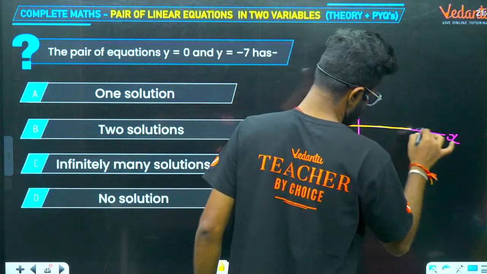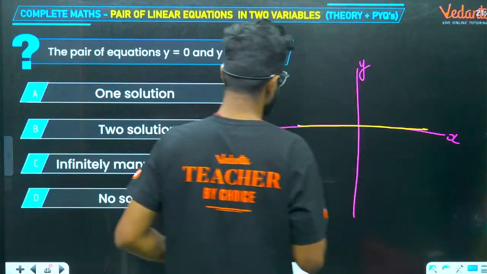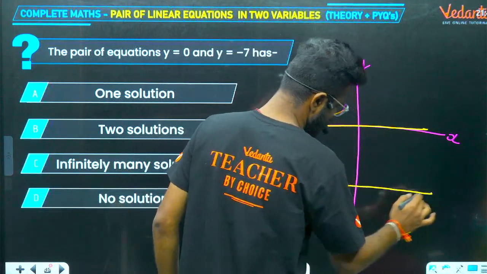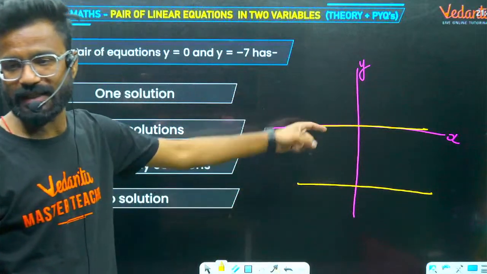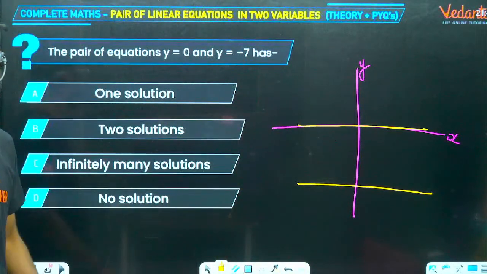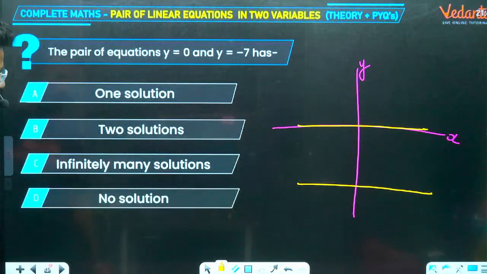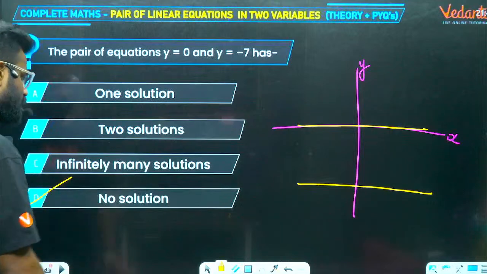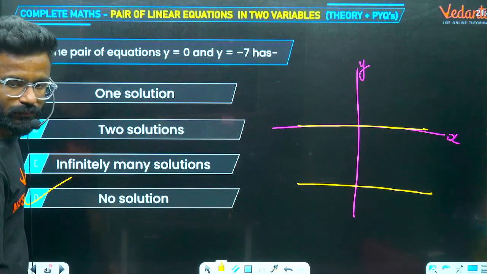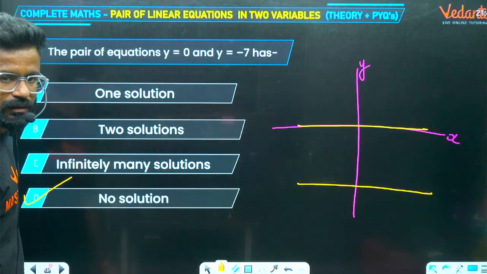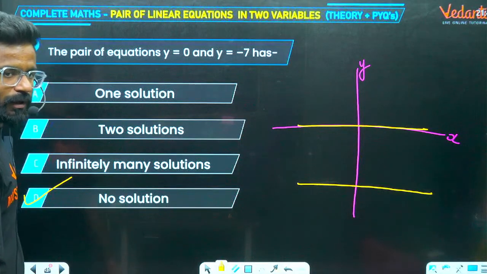Y is equal to minus 7. These two lines are parallel, intersecting or coincident? These two lines are parallel, and parallel lines have no solution. Simple. Very good.